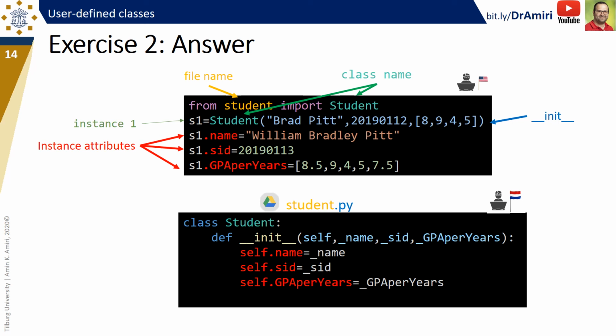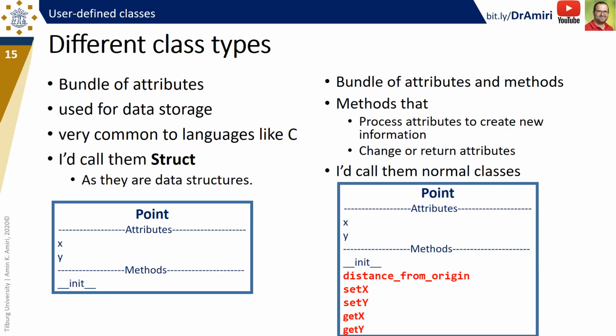Note that in this video, you just learned about a simple class that is only a bundle of attributes. You use this kind of class for data storage, data that are related to one another.